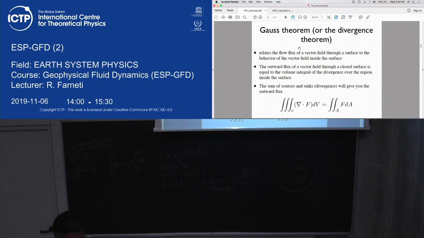Now for compressible fluids, for example air, where the density is a function of the pressure, as you go up in the atmosphere, for example.